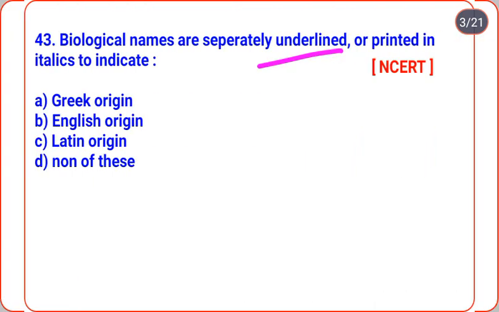The correct answer is C, Latin origin. Biological names are separately underlined or printed in italics to indicate Latin origin.